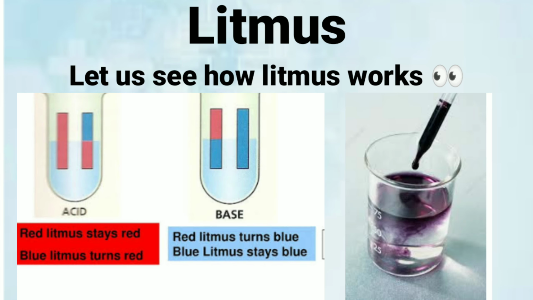So litmus in acidic solution will give red color, in basic solution it will give blue color, and in neutral solution it will give purple color. So by using the indicator we can easily find in which test tube there is acidic solution, in which test tube it is basic solution, and which test tube is neutral solution.